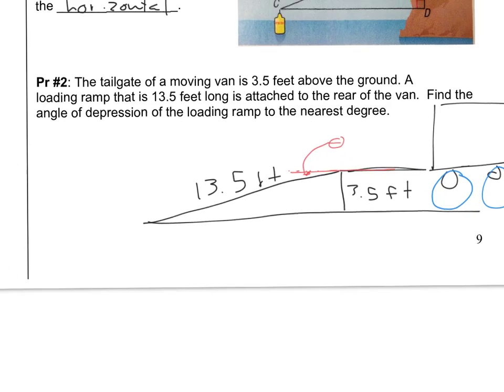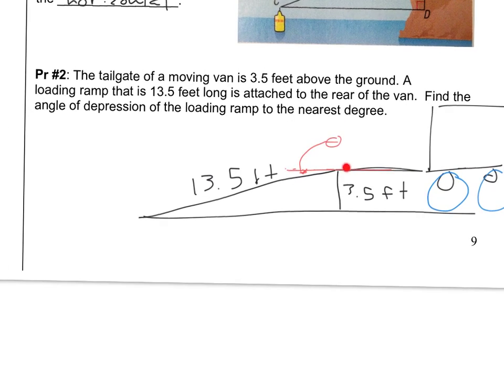So a couple things. One, this line is horizontal with this line, and so this angle is an alternate interior to this angle. So I can find this angle by finding this alternate interior angle. That may be a lot easier to do since we have a hypotenuse and we have an opposite of this angle.